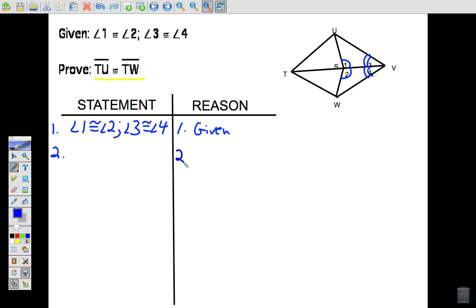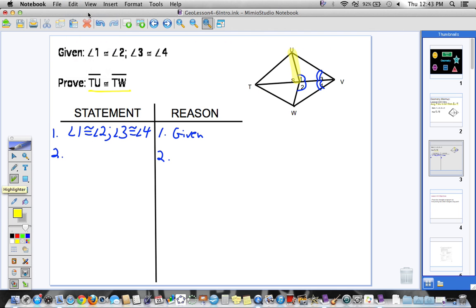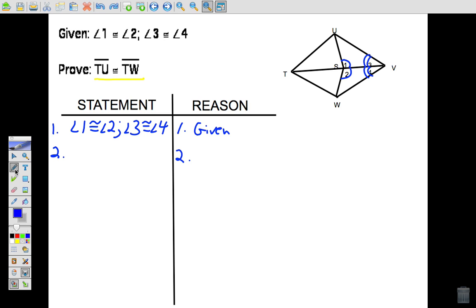I'm trying to get this triangle right here. It's going to be very easy to get this triangle congruent to the green triangle from what's given, because I don't have enough information to get any other triangles congruent. All right, so statement number 2. I could say that SV is congruent to SV, reflexive property.